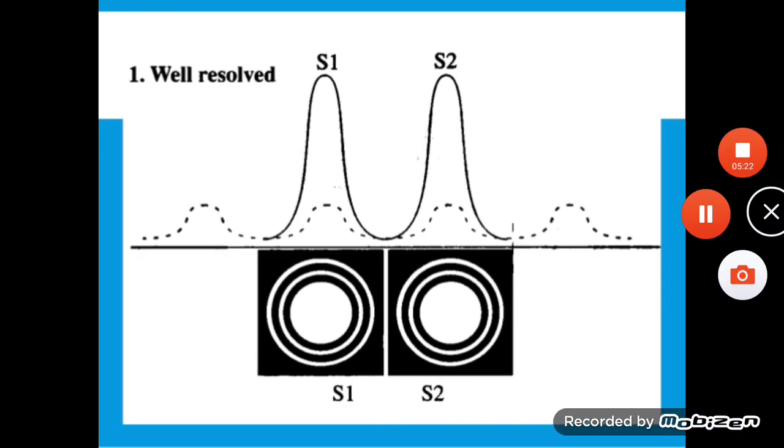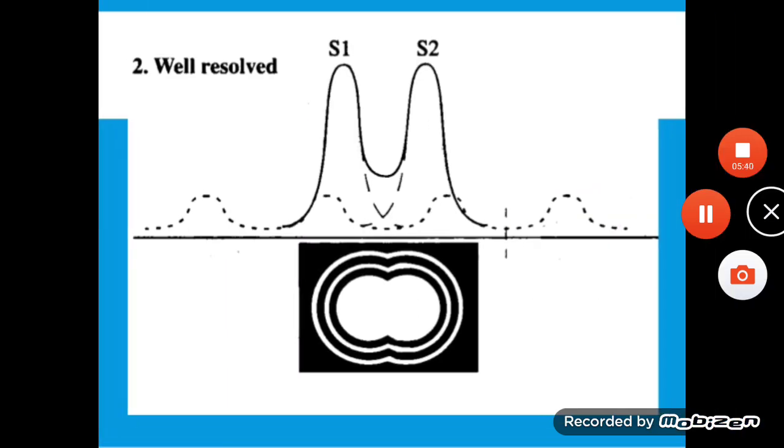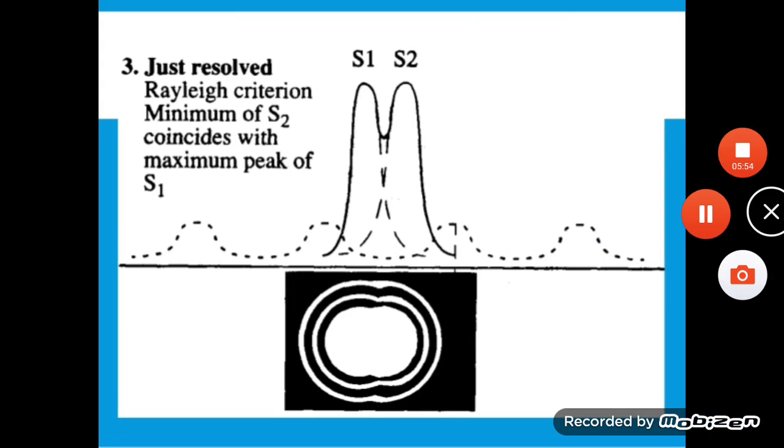In the figure, this is clearly shown. First, this is the figure of well resolved, where both the sources are well resolved, just like S1 and S2. This is also the condition of well resolved, where sources are represented by S1 and S2.